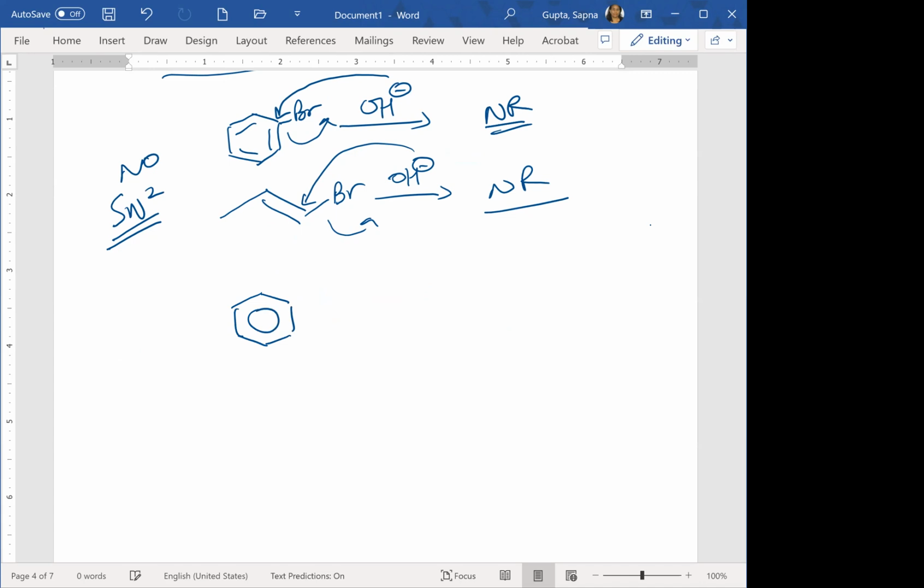And now this is the reaction that we are going to write. In this case, we're going to treat this with sodium hydroxide, but at a very high temperature and under pressure. So you're creating very harsh conditions, and only then can you do a substitution.